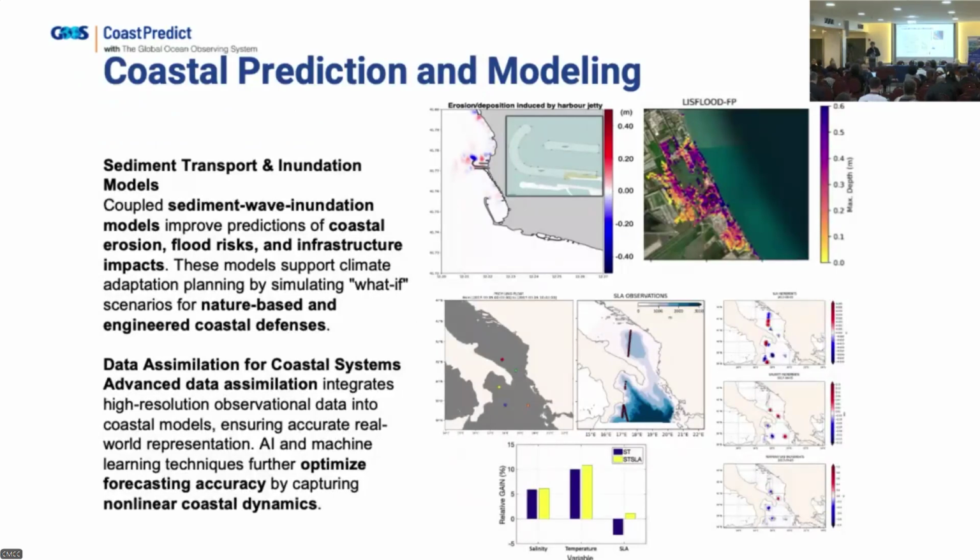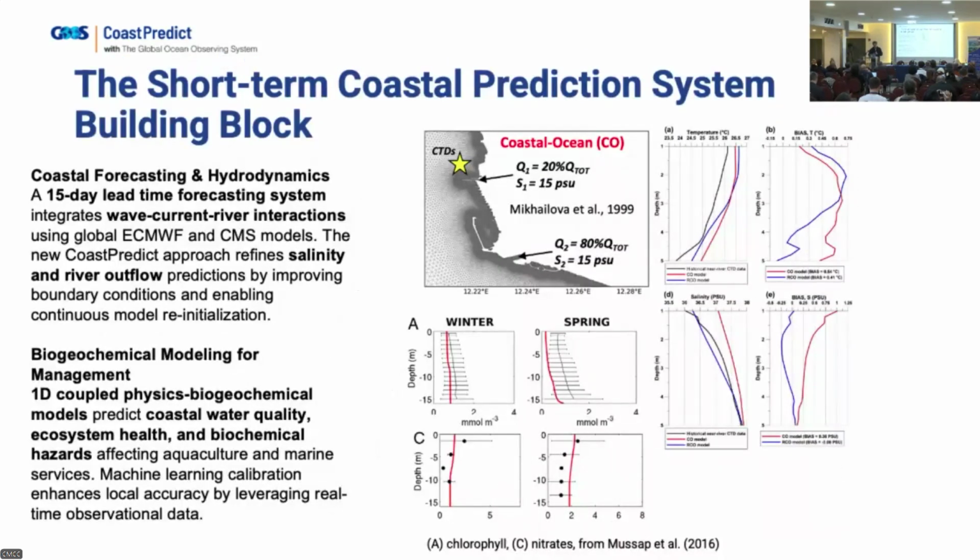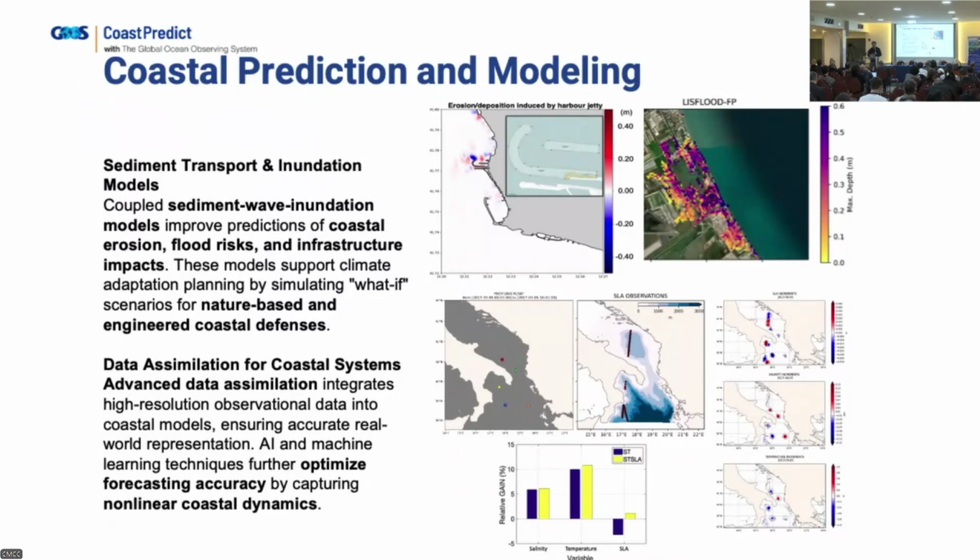Then, the other one was in the Adriatic Sea, where the biogeochemistry model is coupled with the physics in a 1D coupled system, at least 1D, and then it's validated with data. And then the sediment transport model we are starting, but I'm sure we have expertise, so that should be available in the menu of solutions.